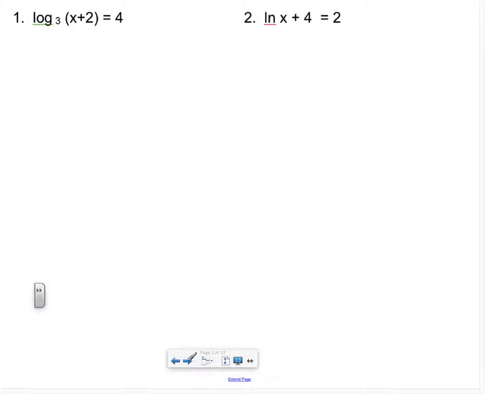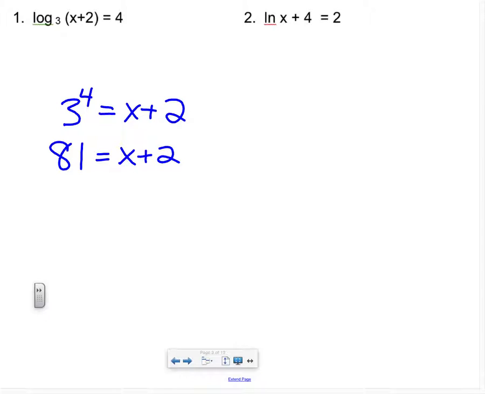I want to get rid of log base 3. It's on its own, so I'm going to write it as an exponential. What's the base? So I say 3 to the 4 equals, and then I go ahead and solve. 3 to the 4th is 81. If I subtract 2, I get 79.